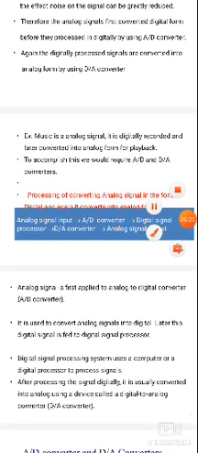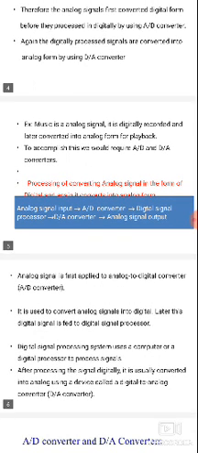Example, music. Music is an analog signal. First it is digitally recorded, later it is converted into analog form for playback purpose. First, the music is an analog signal, so it will be converted from analog to digital by using an A to D converter. That is, analog music is recorded digitally and then processed.